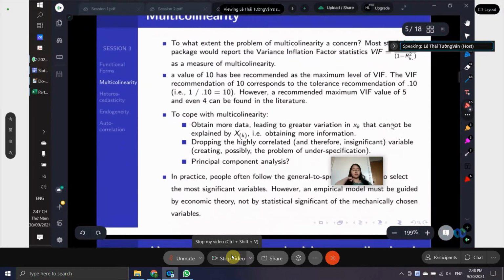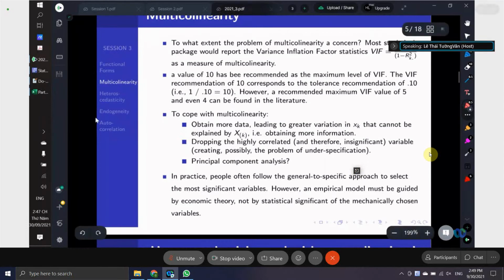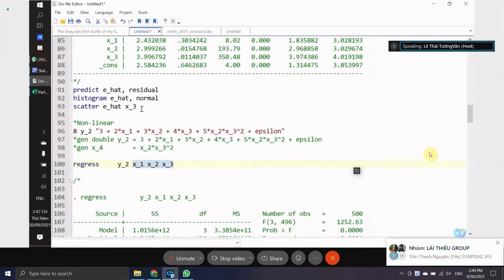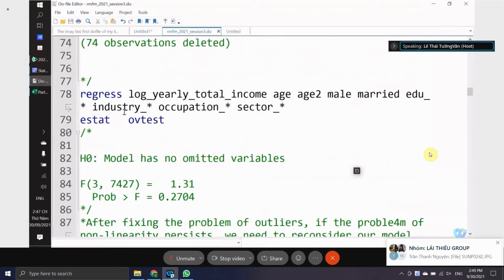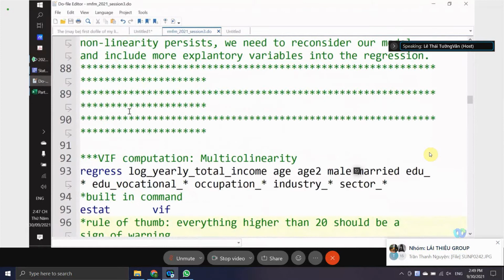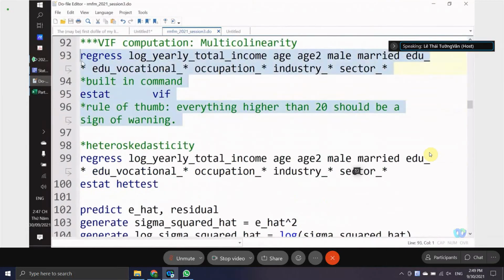Okay. So, before the break, I was saying if you want to check the collinearity problem of your empirical model, after running the regression, you just need to type estat vif, and you would get the result.